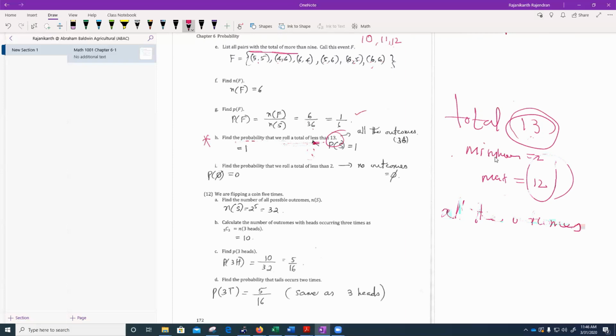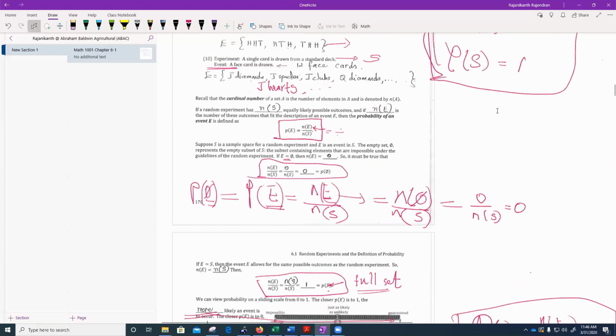That is why the probability of S is 1, because the event contains all the elements from your sample space. Question is finding the probability of that set, so it is P of S. But we know P of S is 1. I already told you the probability of the sample space is always 1.